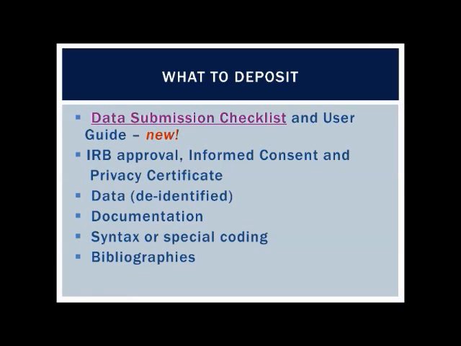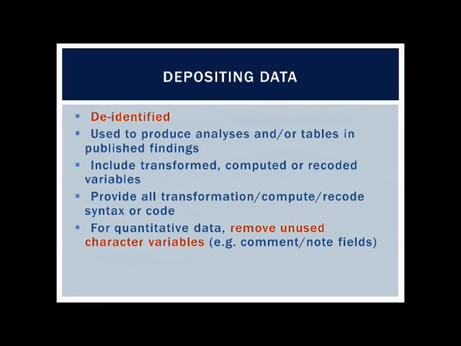Also, the de-identified data, the documentation for the data, including code books, survey instruments, reports, things of that nature, syntax or special coding that was used to conduct the analyses, and bibliographies for any publications, whether they are journal articles, book chapters, conference presentations, anything that ties directly to your project.